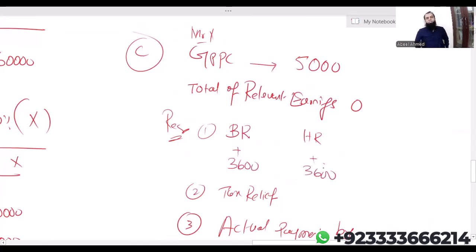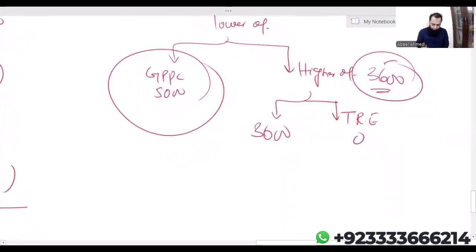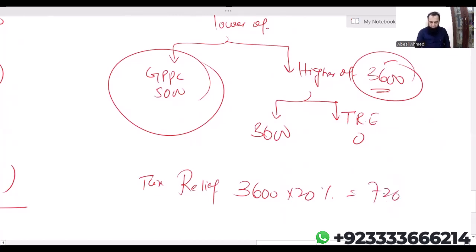Next is tax relief. As I already mentioned, tax relief means the amount which HMRC has paid. HMRC pays 20% of the amount by which your bands are increased. Here they are increased by 3,600, which means tax relief is 3,600 times 20%, which is 720. 720 is paid by HMRC.